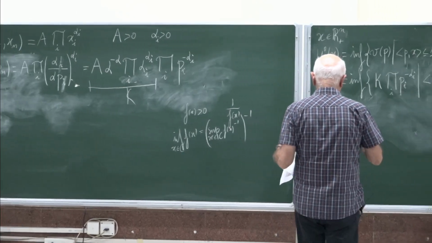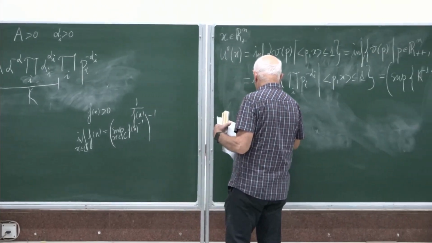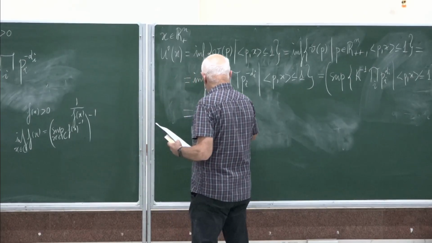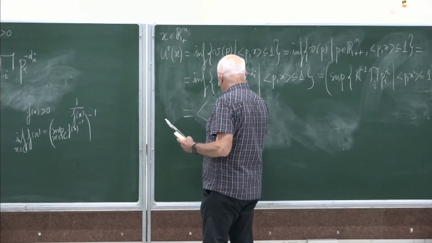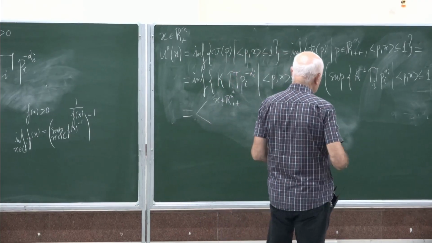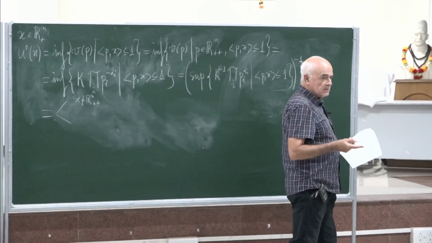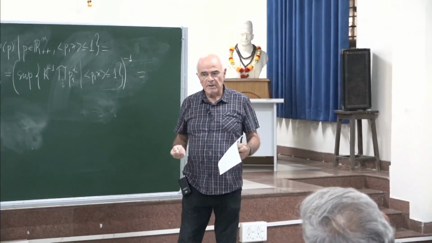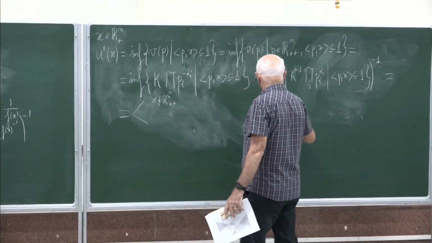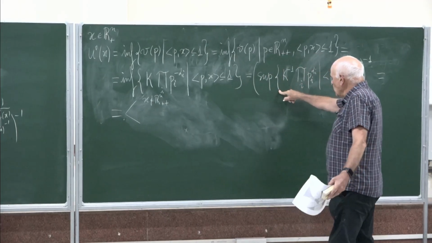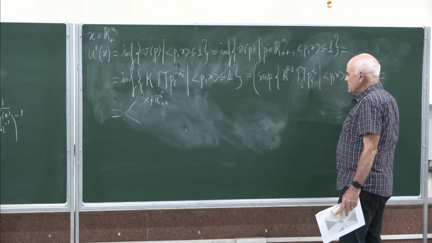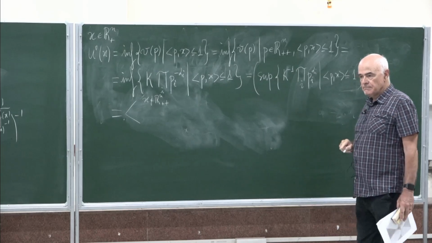So first of all, I have to distinguish two cases. If x is not strictly positive, then we know, because we already made this comment when computing the indirect utility function, that this supremum is plus infinity.